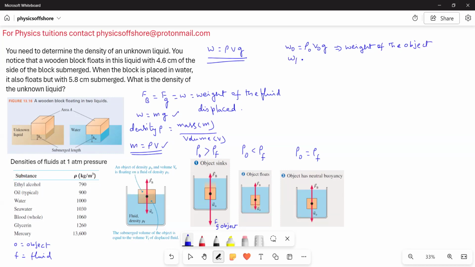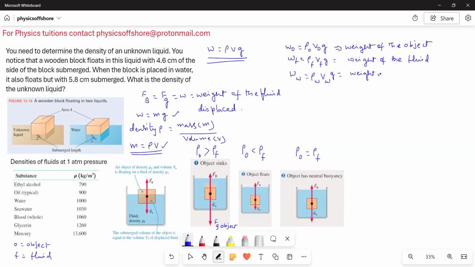W fluid is equal to rho fluid V fluid g. So this is the weight of the fluid. Understood. And next I will write for the water also. W water is equal to rho water V water g. This is the weight of the water displaced by the object.